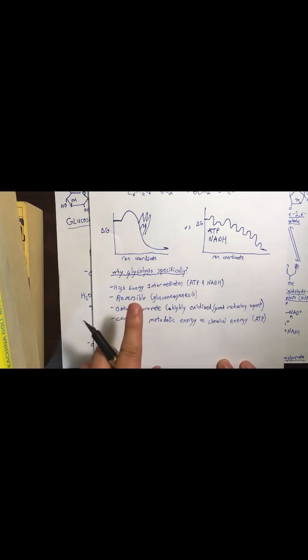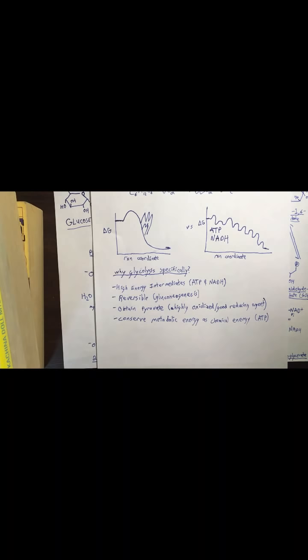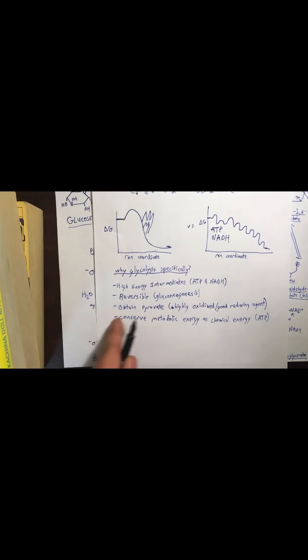Second, we could do a bunch of separate enzymes in order to learn and do gluconeogenesis, but our bodies are lazy. They're going to always choose the lowest energy route. So we do glycolysis because it's really easy to do gluconeogenesis and go back if we need glucose somewhere else in the body. We'll talk a little bit about that in this review as well. Final reason is to obtain pyruvate.